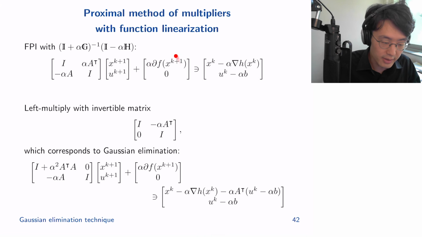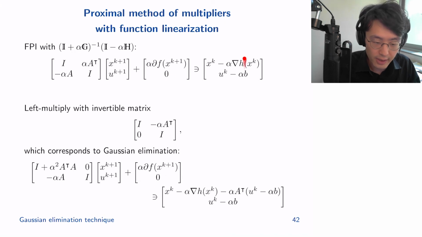We multiply this operator with this matrix, but the first component is unchanged. The second component is 0, so it remains 0. And then we left multiply this vector with this matrix, and when we do that, we get this.